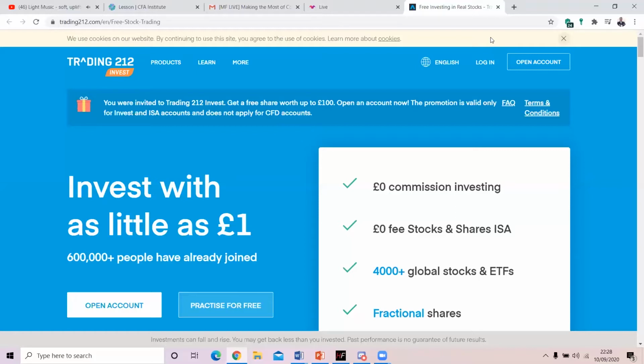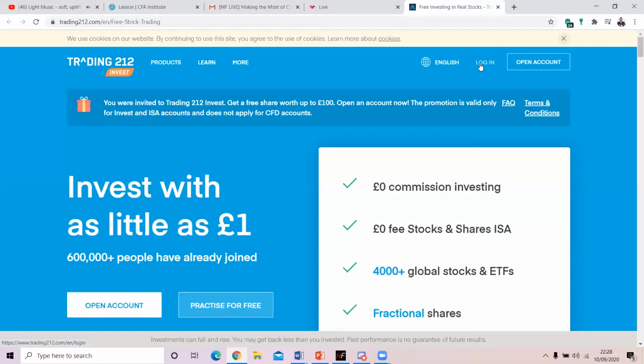Because I already have an account with them, I have the option of logging in. But for you that are just starting to use this app, all you need to do is click on open account.